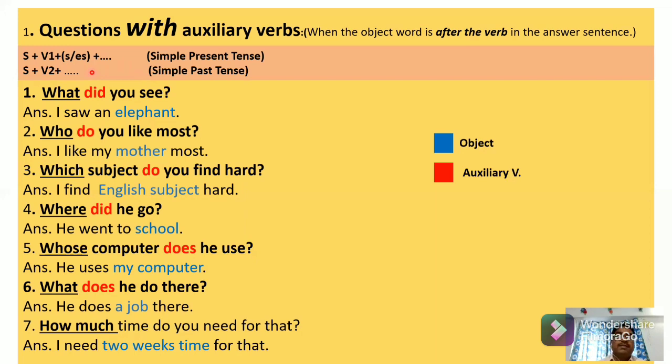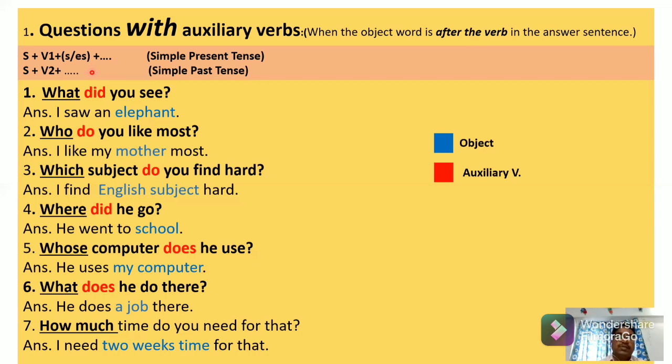If an auxiliary verb is already there in the sentence, we use the same auxiliary verb to make the question. And when there is no auxiliary verb in a sentence, we have to use do or does in present tense, or did in past tense.